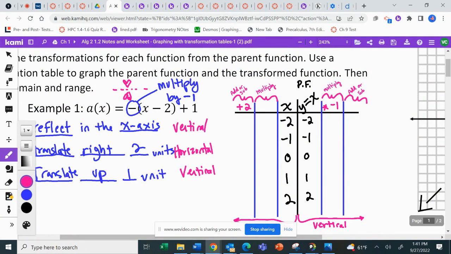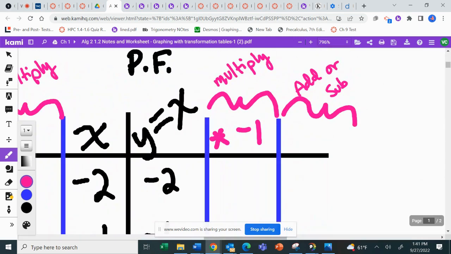The words, however, fit the number in the table. The transformation that I wrote down and the number in the table, those fit each other. Those are the same. It's just the equation is the thing that's different. And then we have translate up 1 unit. We wrote down that's vertical. So on my vertical side, up is adding 1 unit.